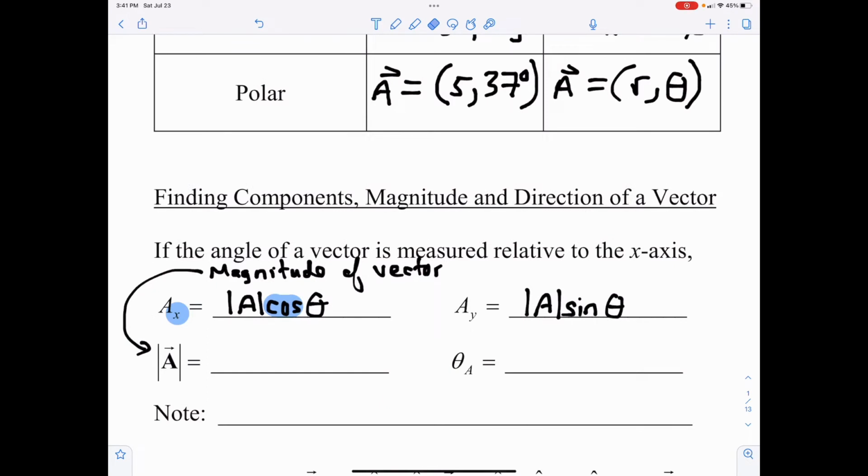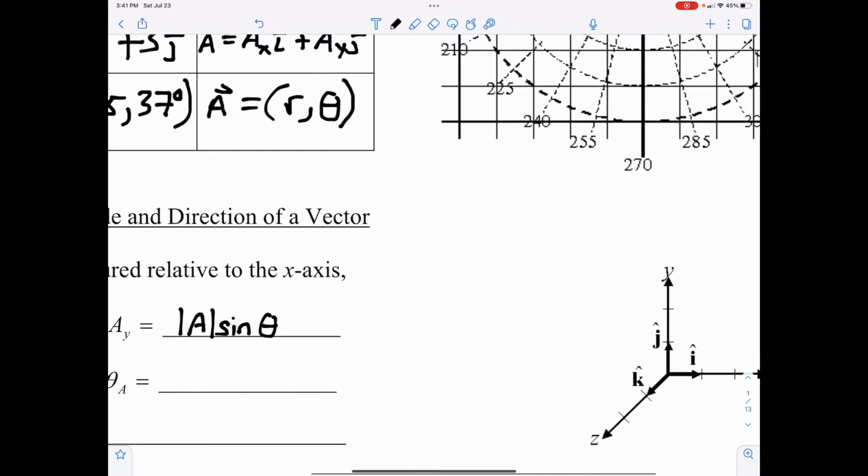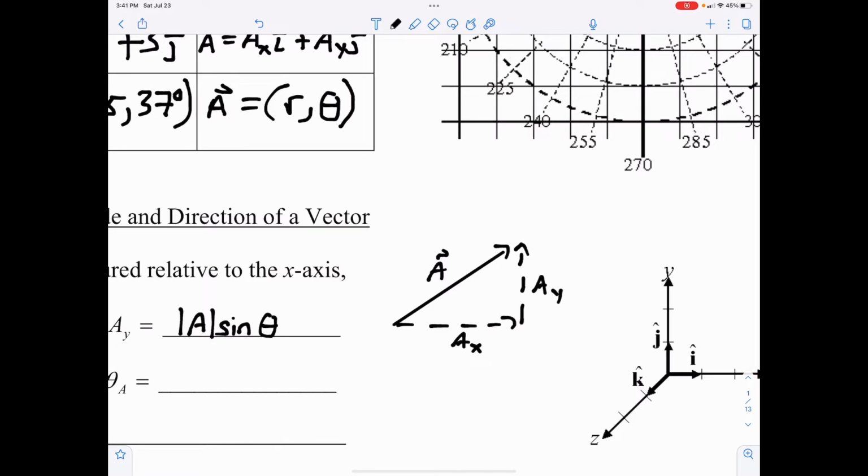Now, to find this magnitude of A, we would simply use the Pythagorean theorem. Let's take a look at two dimensions first. So if I had a vector pointing, let's say, up and to the right, we'll call it vector A. The x component of vector A, we'll call A sub x, goes to the right. The y component of vector A, A sub y, points up.